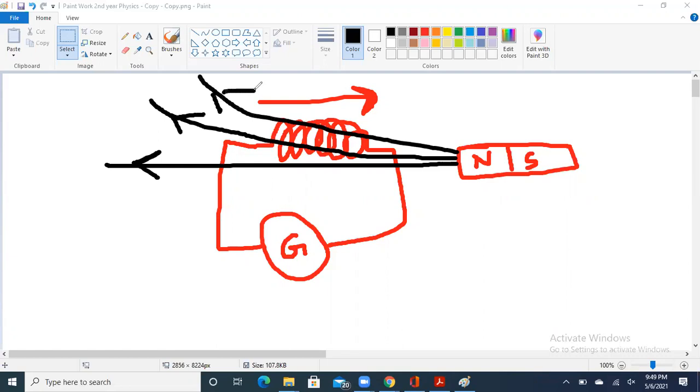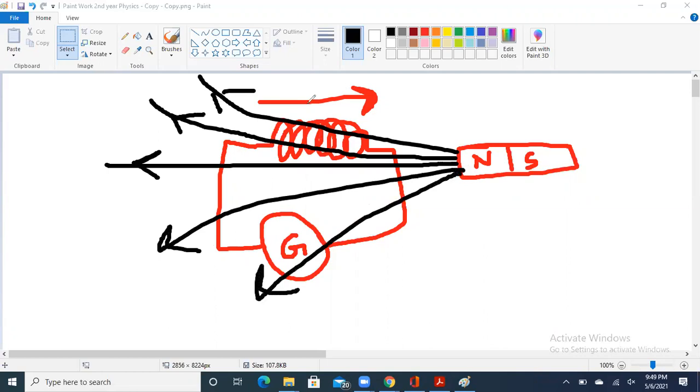Now you can see here that in the previous system, when it was at a further distance, it had only one line of force passing through it.